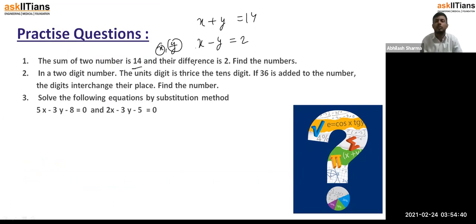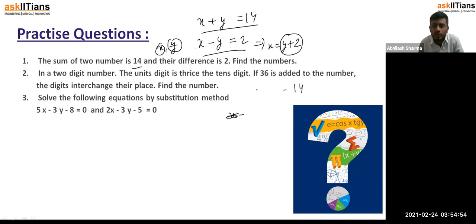It's actually very easy. Just from this equation, what can I say? x equal to y plus 2. Just substitute this value of x in this equation. So you will get 14 is equal to x plus y. Instead of x, I will write y plus 2.